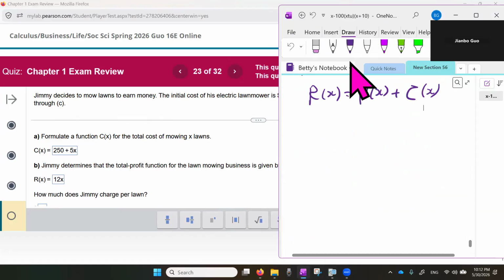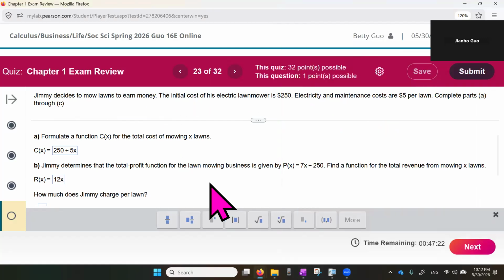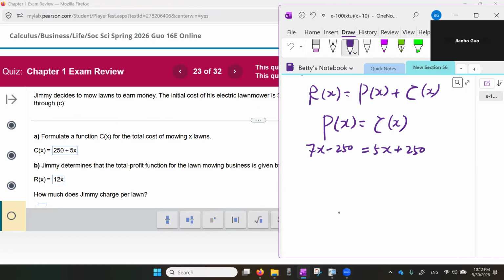What is P again? 7x minus 250. The cost function C is 5x plus 250. Solve this linear equation.